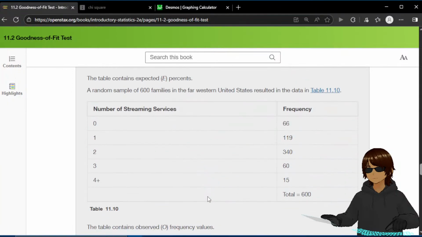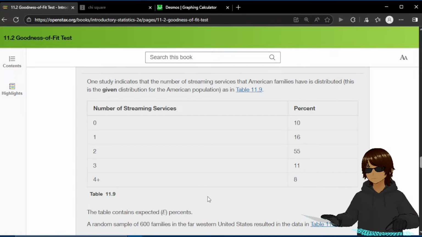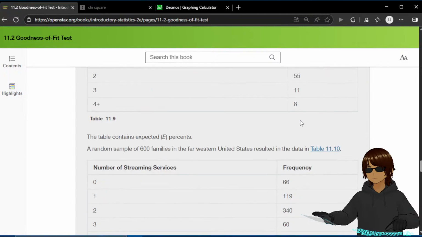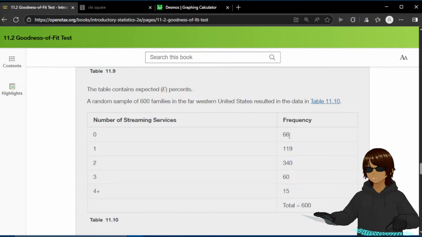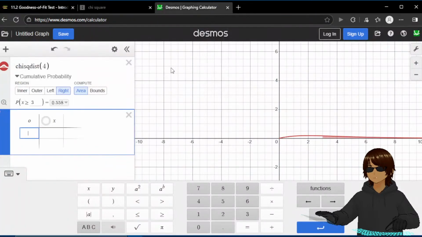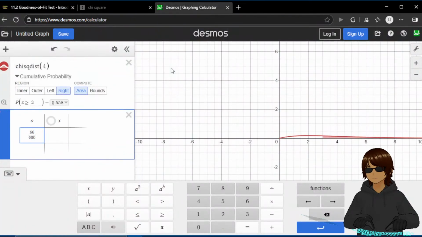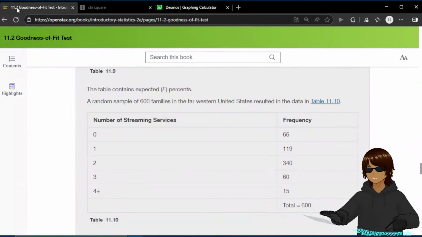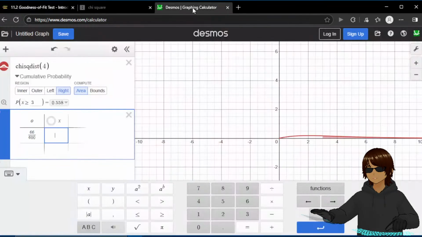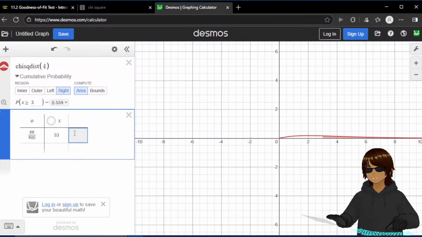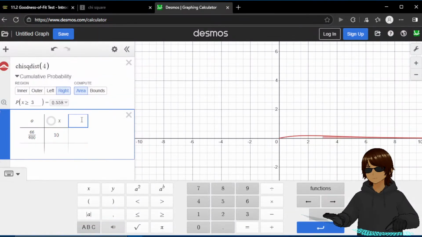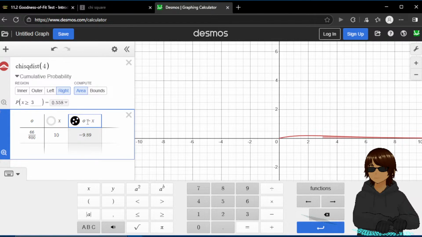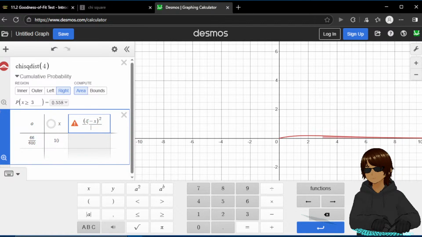No, observed is percent. Observed is 66 divided by 600, right? Because we want the percent. Yeah. So observed, expected is 10. And then I think over here I can write, how do I make an equation? Square divided by expected.